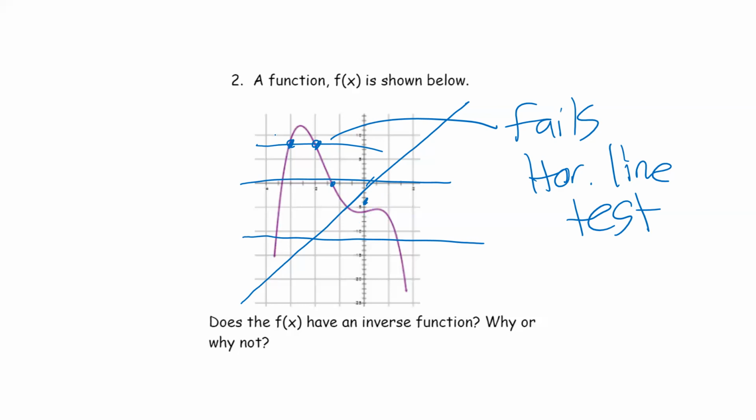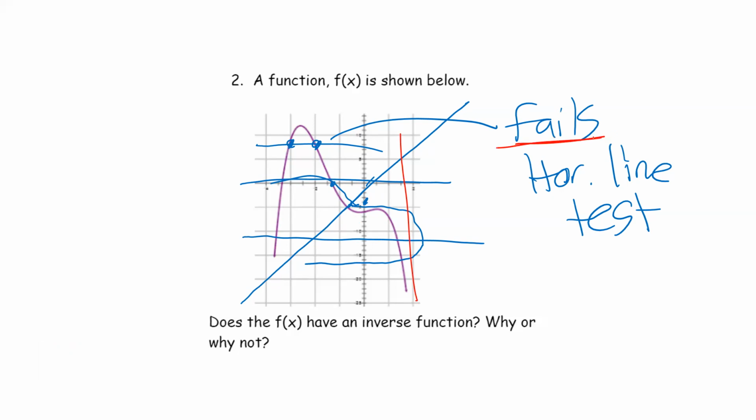This is my really crude drawing of it. You got this little heart-shaped thing going on here. Kind of hard to make, but you can see right here that its inverse won't be a function because it fails the vertical line test.